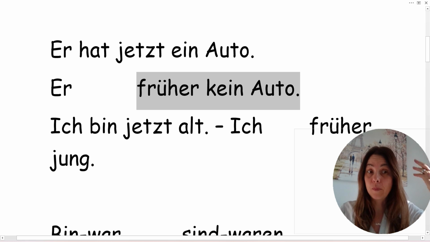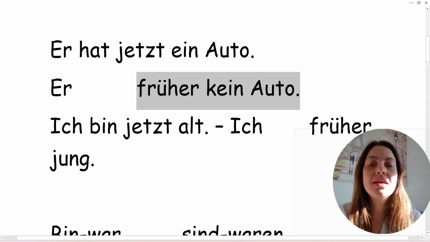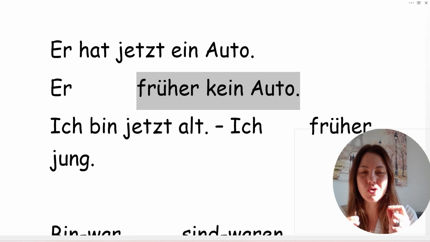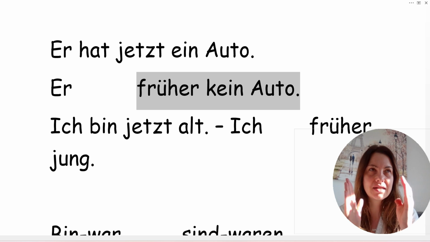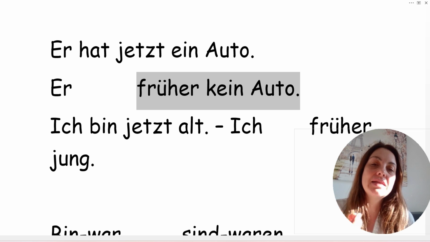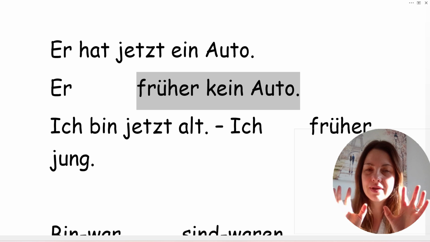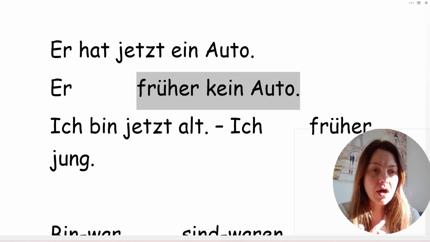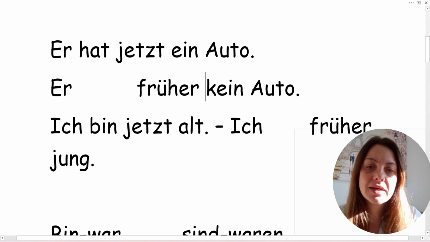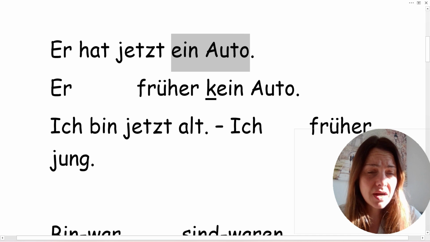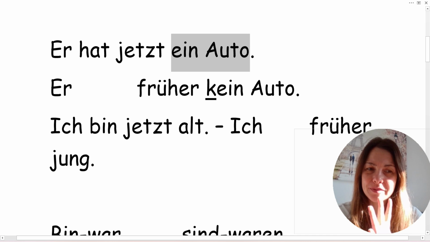Meaning before he didn't have a car. In English, I think it's more complicated to say he has a car now, but before he didn't have a car. This "did not" we don't need in German. We don't need an auxiliary verb, we don't need the verb not, because we have this kein. So here we had ein Auto, a car, kein Auto, no car.